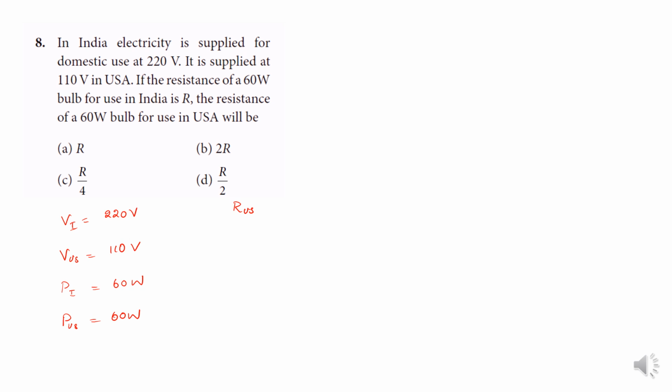If the resistance in India is equal to R, we know the equation for power. P is equal to, we are determining the resistance, and what is given is the voltage. So the power equation in terms of voltage and resistance is V square by R. This is for India.